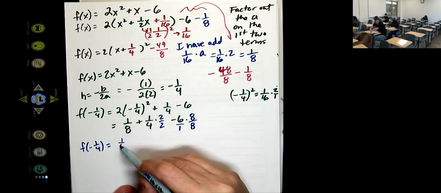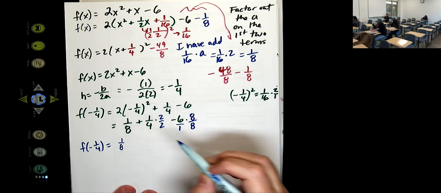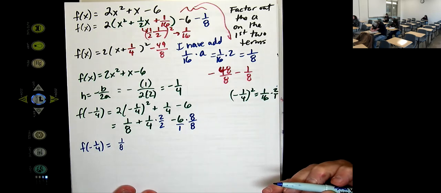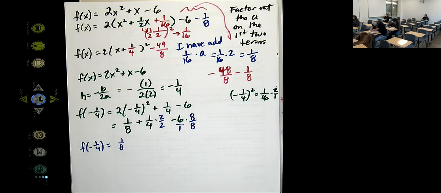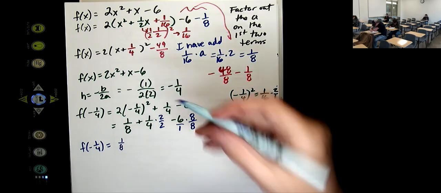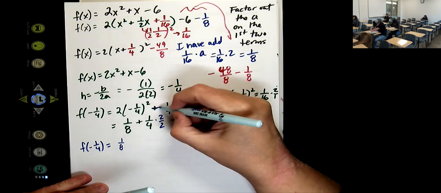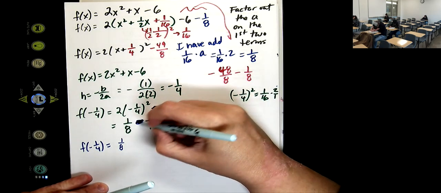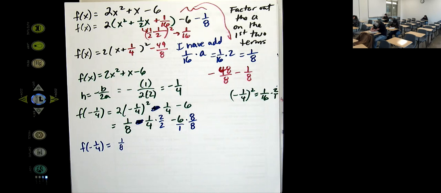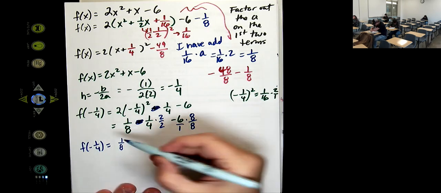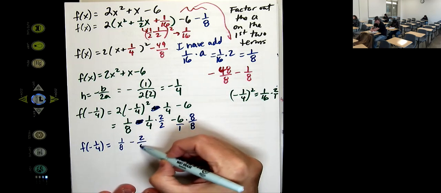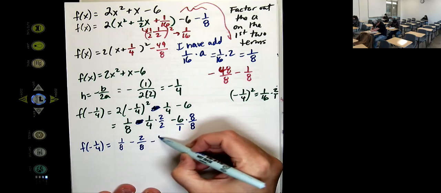Got 1/8. I was supposed to stick in -1/4. That should be a negative right there. -2/8. -48/8.